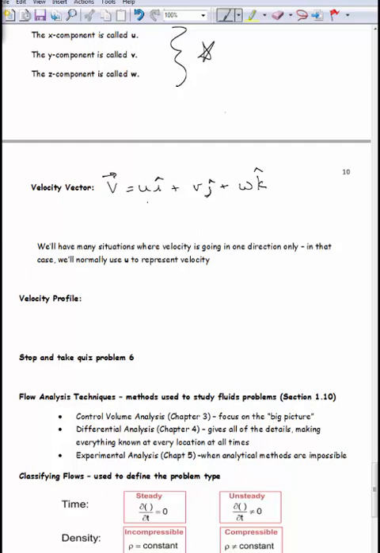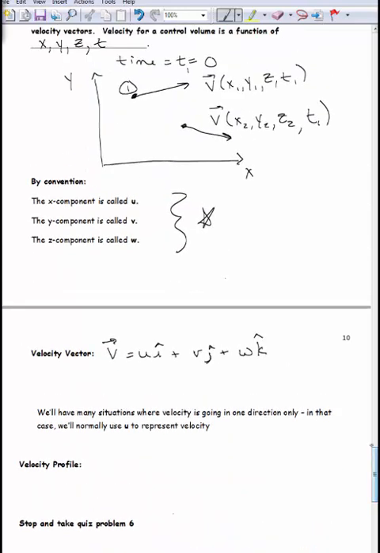Now u, which would be just the x component of this V, changes from spot 1 to spot 2, right? So u is a function of x, y, z, and t, and so is little v, and so is w. So 4 independent variables for each of those.